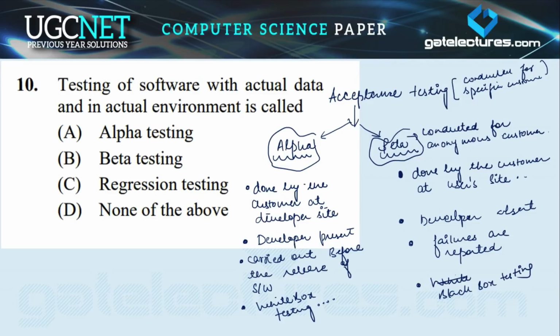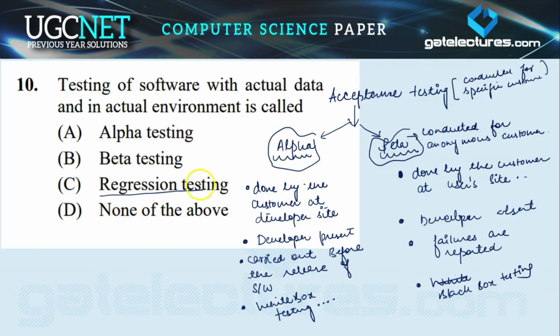But at the beta site, only the customer is there, so he is only able to test with the help of input and output, right? He is not considering the internal structure of the code. So that's why it's a type of black box testing, and this is the white box testing.